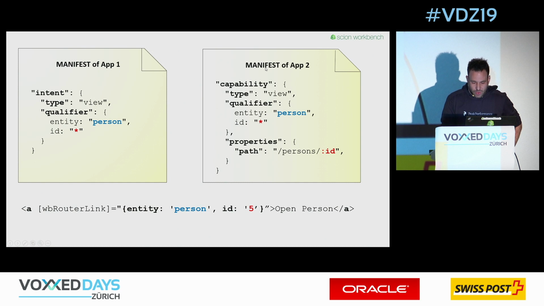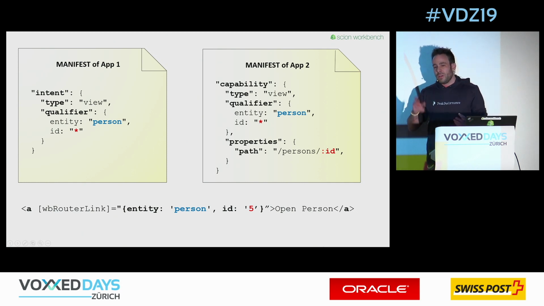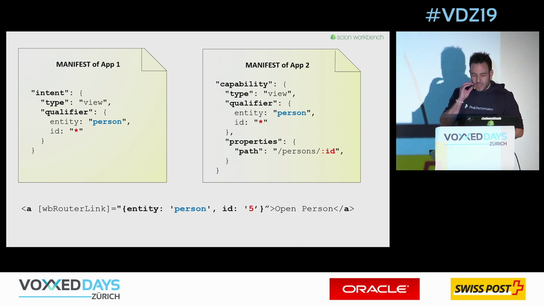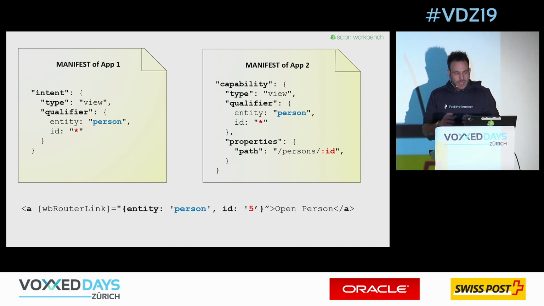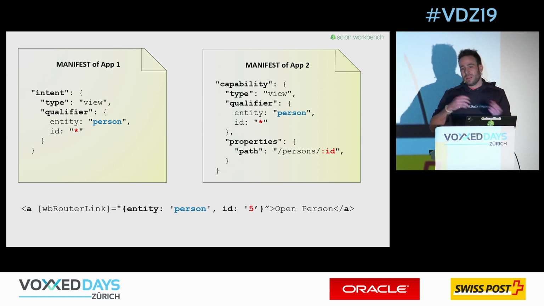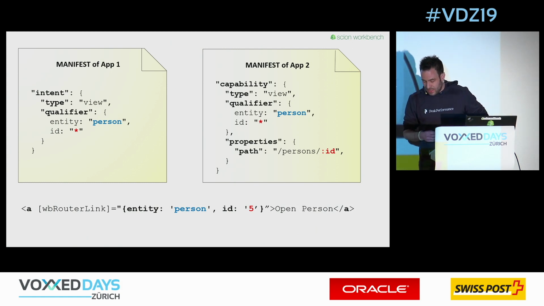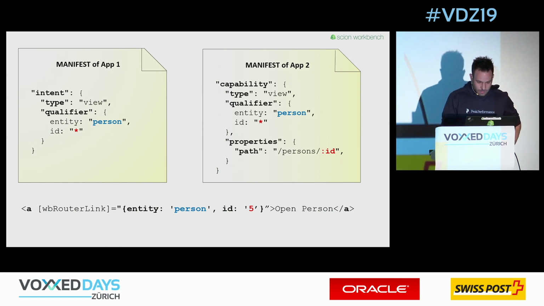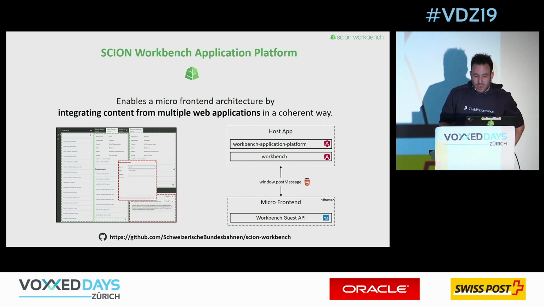And when the platform invokes this capability, here you see a path, then this path is invoked by the platform and shown as a micro-frontend. And the most important thing here is that application 1 has no idea that application 2 provides that capability. And that's pretty much it.